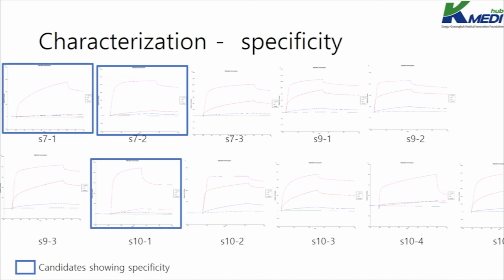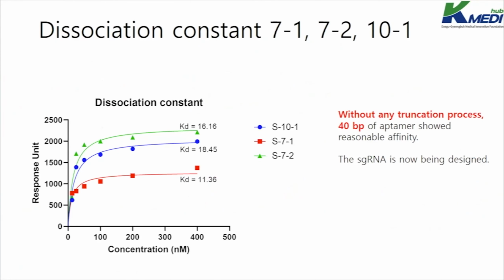Yeah, this is the data of the specificity of candidates. As it is shown, out of 11 sequences, this 7.1 and 7.2 and 10.1 shows the higher specificity. And this is the plotted data of the affinity.